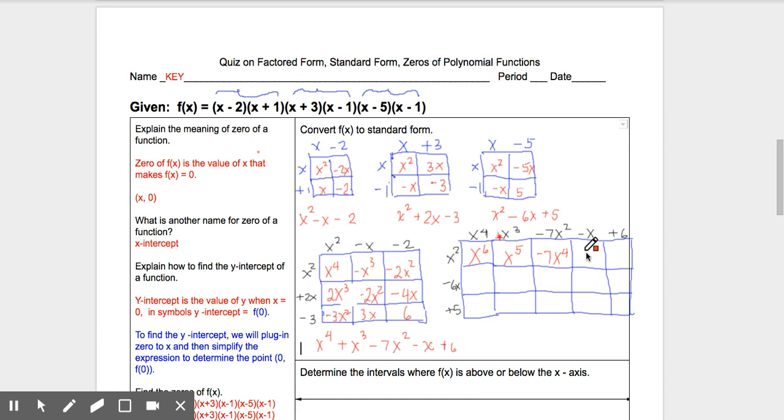Okay, x squared times negative x is negative x cubed. And x squared times 6 is 6x squared.